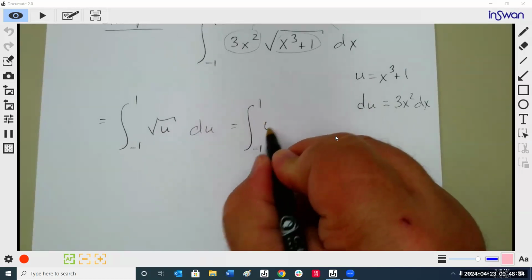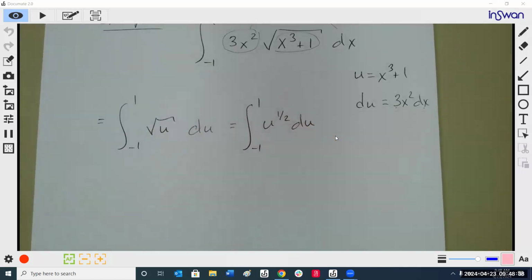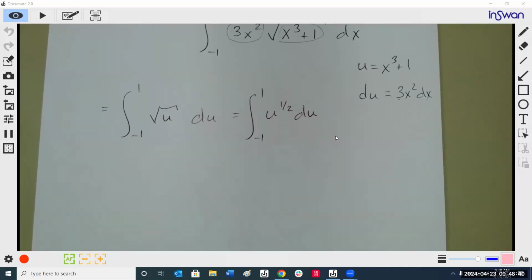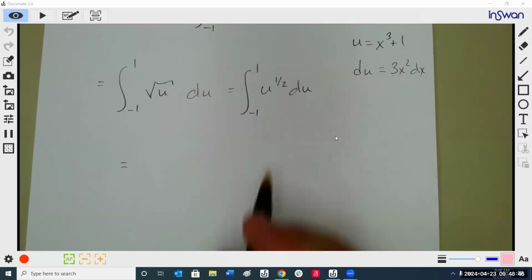Convert the radicals into exponents. Now we integrate.